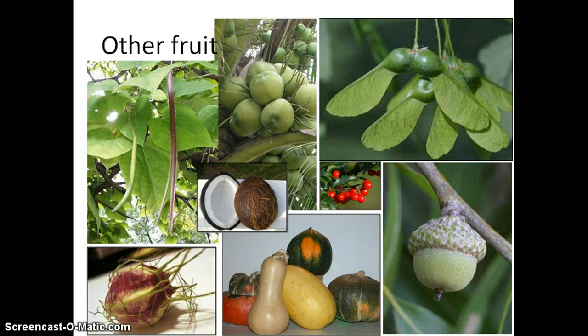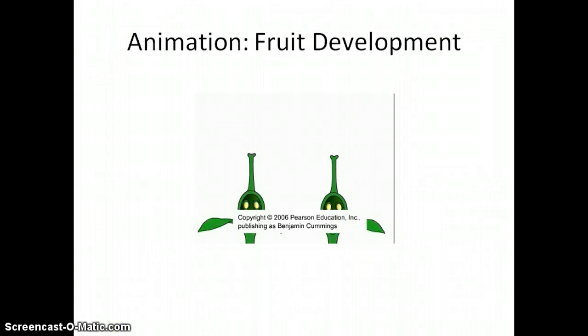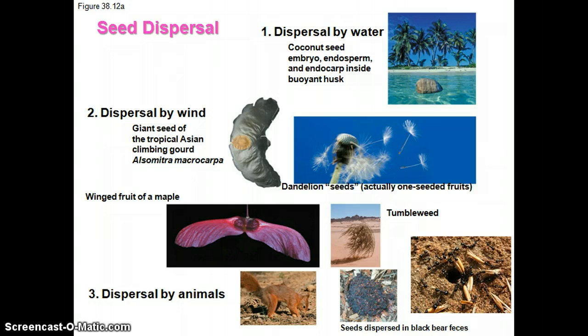While the seeds are in the fruit, waiting for germination, they go into a stage of dormancy. And that dormancy again is a dried out state where the metabolic processes of the young embryo plant have come to almost a standstill.